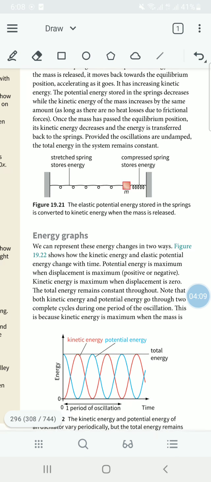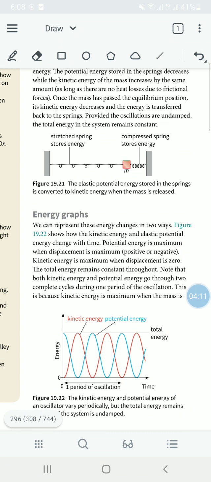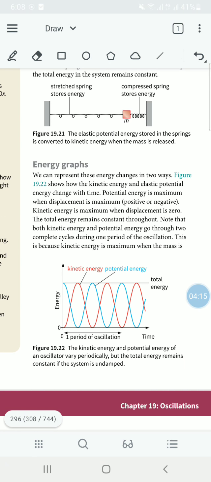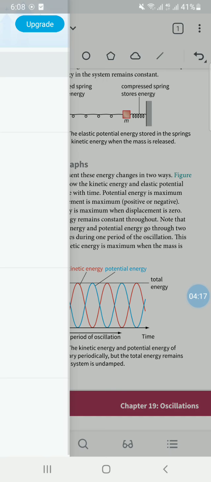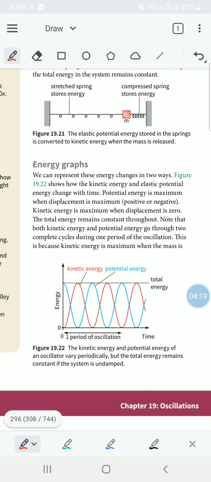These energy changes can be represented in two ways. Figure 19.22, this one here, shows how the kinetic energy and elastic potential energy interchange with time.